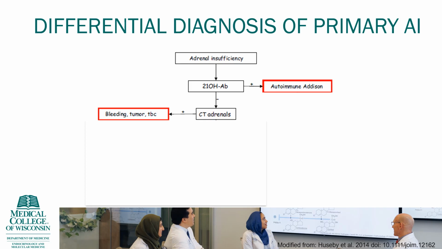So if those antibodies are positive, those patients have classic Addison's disease or autoimmune primary adrenal insufficiency and can be treated as such. Patients who do not have 21-hydroxylase antibodies should have a CT scan of the adrenals to look for tumor, mass, or bleeding, and that diagnoses the vast majority of the rest of patients with primary adrenal insufficiency.